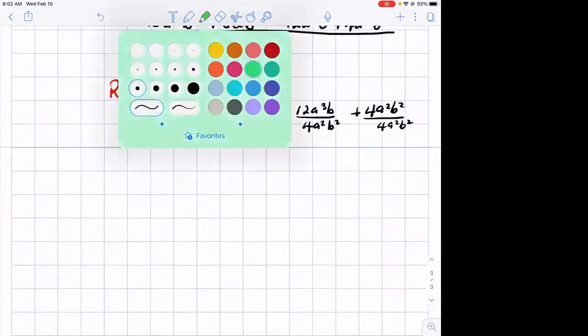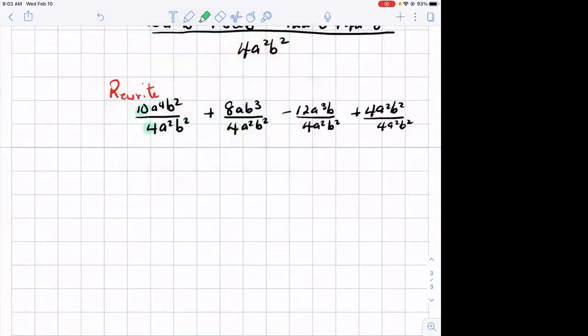Now 10 divided by 4. So that doesn't go evenly. So what I'll do is leave it as 10 over 4. And here we have a to the fourth divided by a squared. So that becomes a to the second.